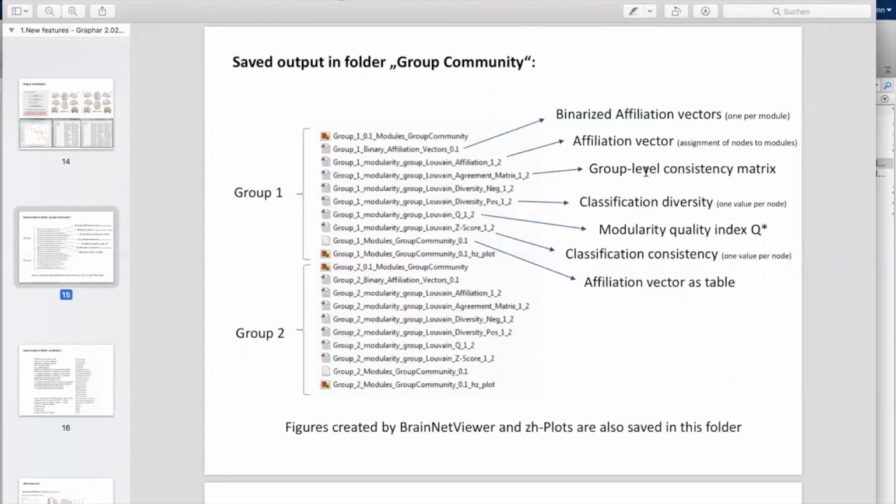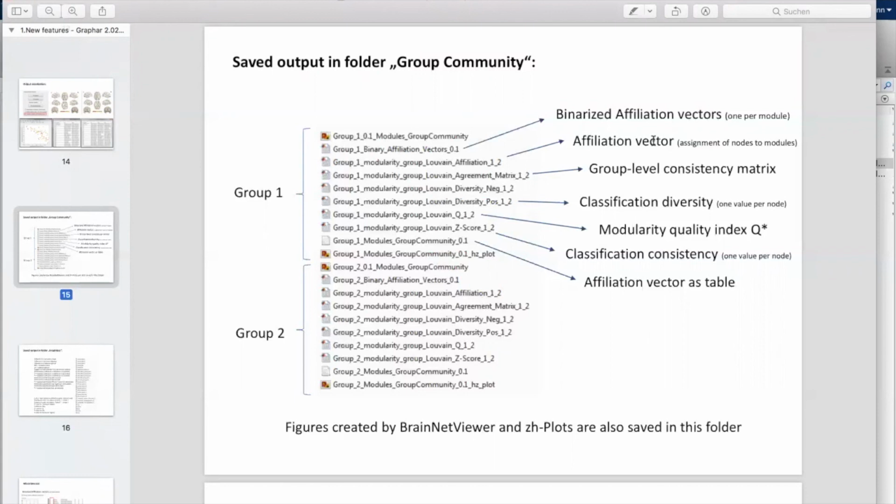The final cluster solution is this affiliation vector, the assignment of nodes to the final modules. So this is a vector of numbers. Let's say for our females, we had 5 modules, so it will be a vector comprised of the numbers 1, 2, 3, 4, 5, respectively assigned to the nodes. And the nodes would be the rows in your respective vector.